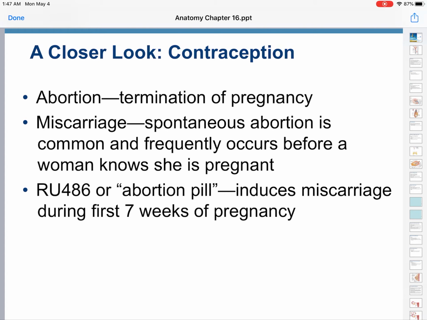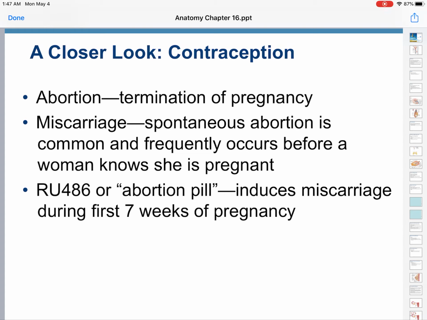Once fertilization does happen and implantation happens and it is developing in the uterus, the only way that you can get rid of the baby is through abortion, which is termination of the pregnancy.